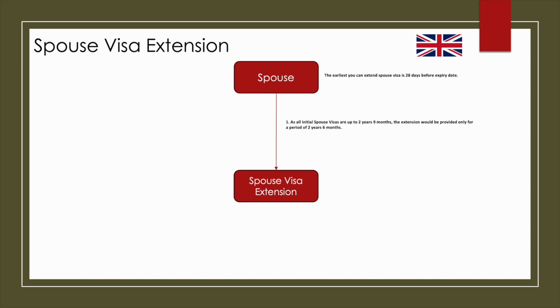This is because, in general, most would have reached their ILR eligibility period within this time frame. And for the extension as well, you would need to reach the eligibility criteria for the spouse visa. In addition to this, you would also need to pay the IHS fee for the 2 years and 6 months period. With that, we come to the end of this video.